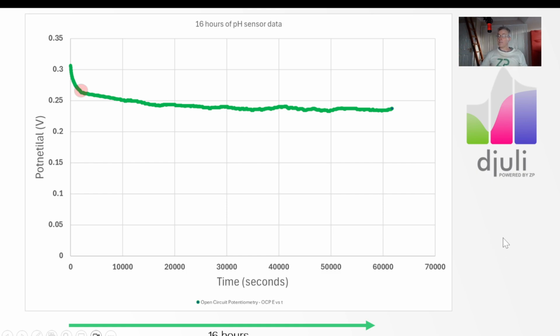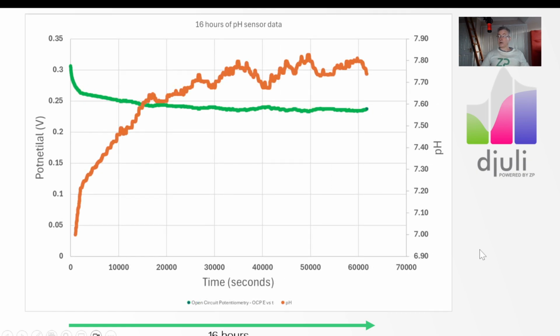What I've done here is take some data, choose a calibration point, and calibrate the sensor. We've added a secondary axis, which shows that having chosen that calibration point at 1000 seconds, we have applied that calibration to the entire data set.